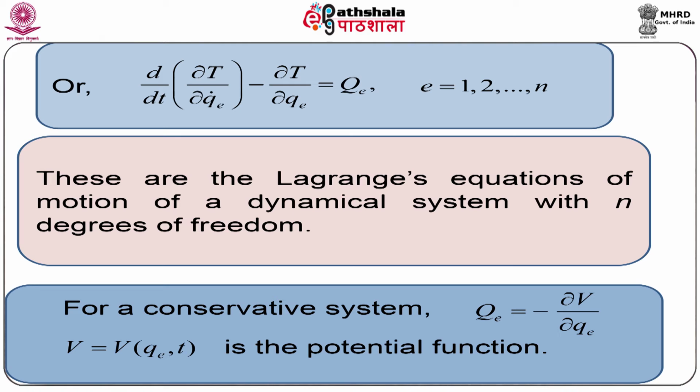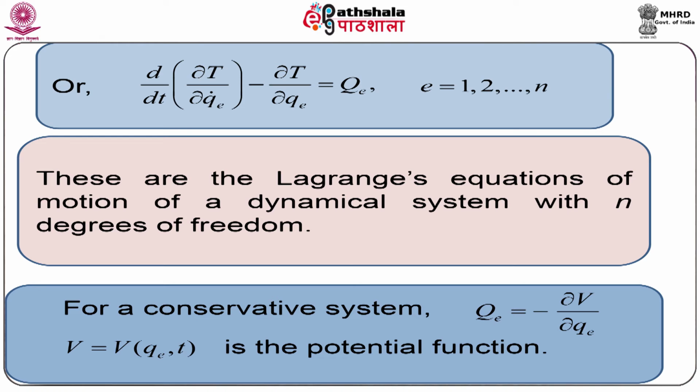For a conservative system, we can write the generalized force Q_e as minus ∂/∂q_e operated on V, where V is the potential field which depends on generalized coordinate q_e and time t. In a conservative system, the total energy, that is the sum of kinetic energy and potential energy, remains constant.